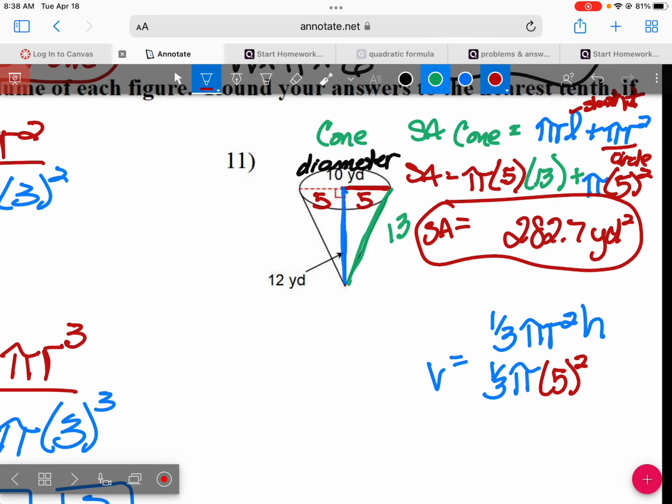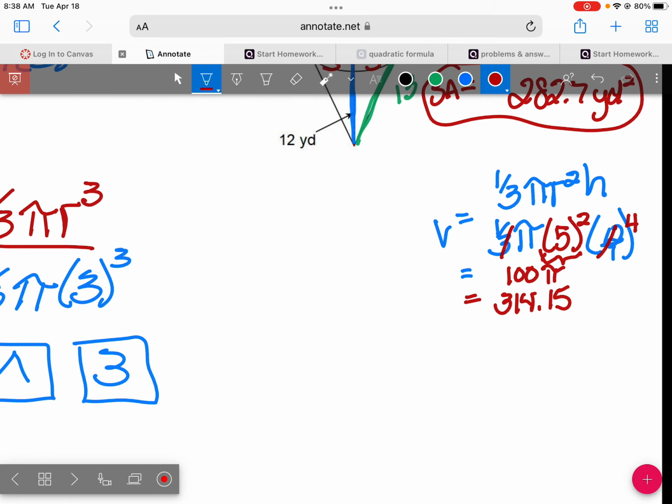Just kidding. Height, that is 12. So multiplying all those together, you could say 1/3 of 12, and that would simplify to 4. 25 times, 5 squared is 25. 25 times 4 is 100. 100 pi is 314.15, but they asked us to round it to the tenth place.